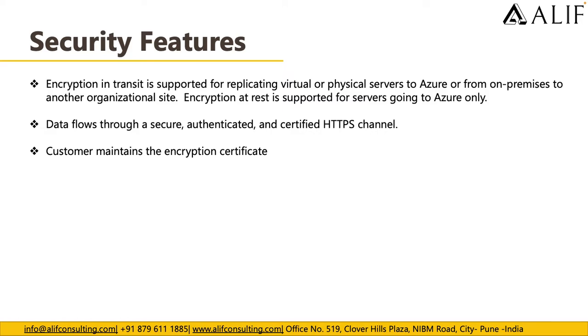So any kind of encryption or certificate which you're using for authentication is something you manage, right? But the rest, like data in transit or data at rest, are encrypted. Data flow between on-premise to Azure or Azure to Azure happens through secure, authenticated, and certified HTTPS channels.